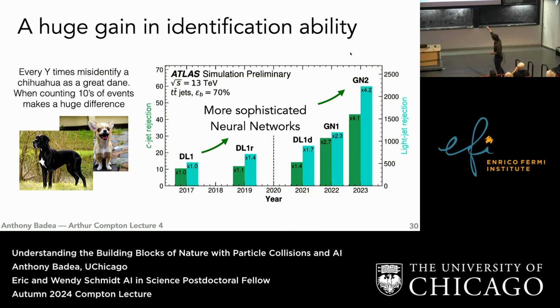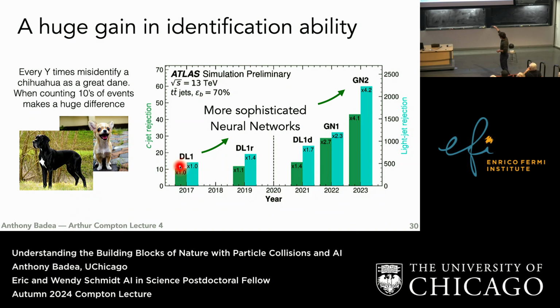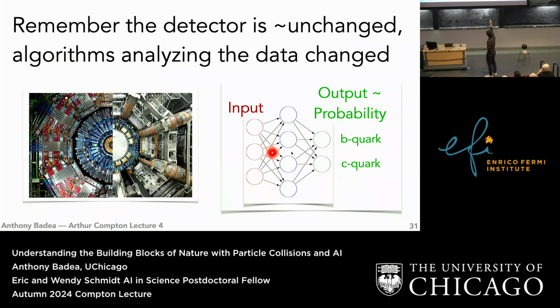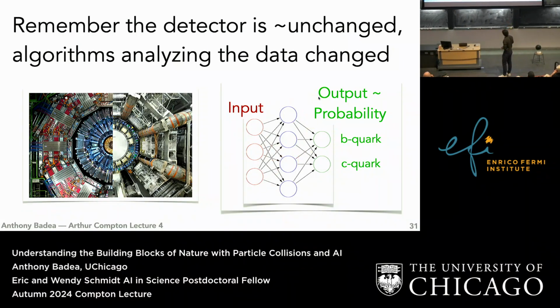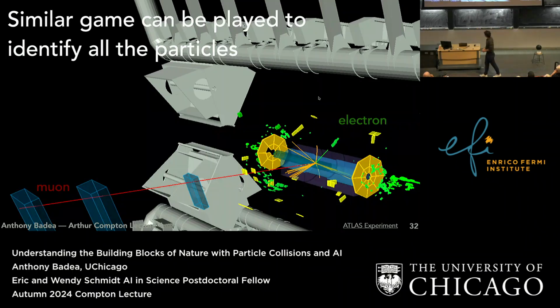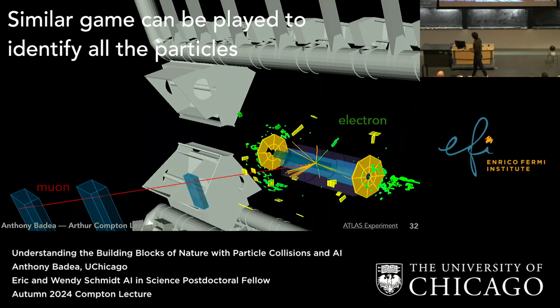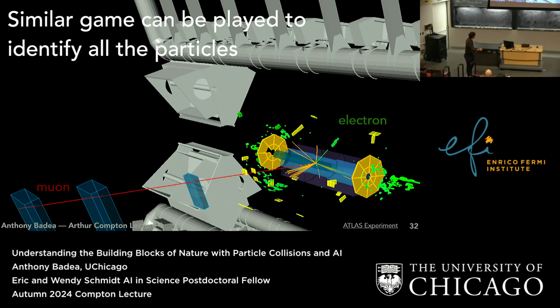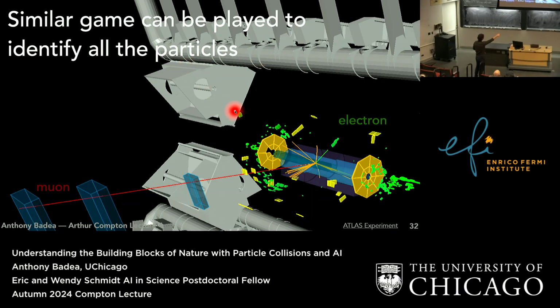And so what's really incredible here is basically with the same detector, you're just making smarter decisions by creating more sophisticated algorithms that run under the hood. And doing that, you're really able to identify all sorts of particles. So you can play a similar game where if you look at this picture here we already identified that this was a jet or a B quark.